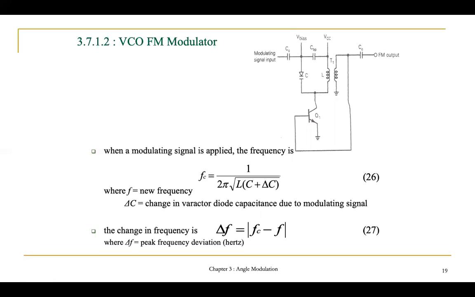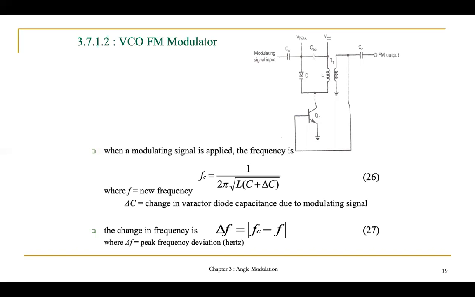So you need to remember that the process for both the VCO FM modulator and the previous varactor diode modulator is basically similar, as the ones that I already explained during section 4.7.1, direct FM modulator.